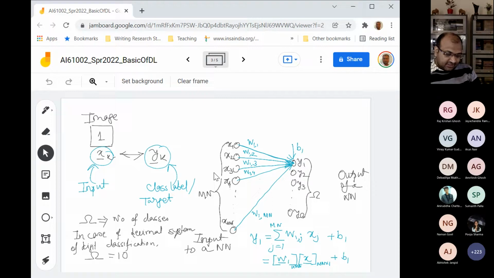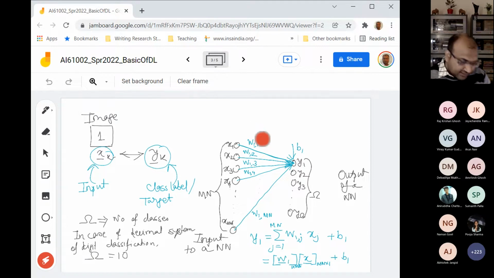That degree can be associated with this weight W. The simplest linear combination is a weighted summation, as I see over here.